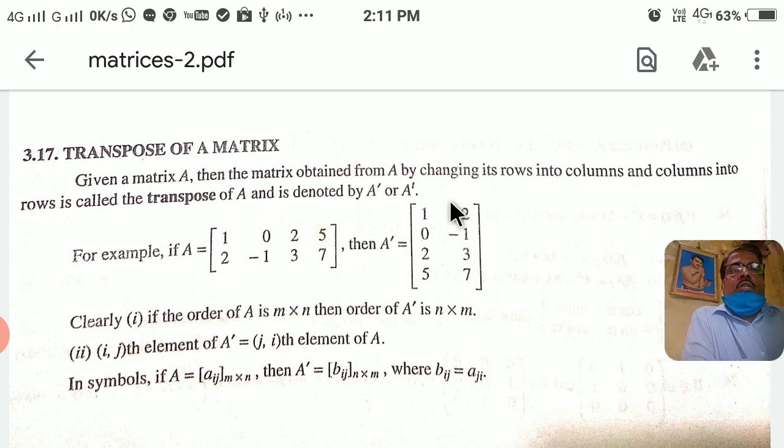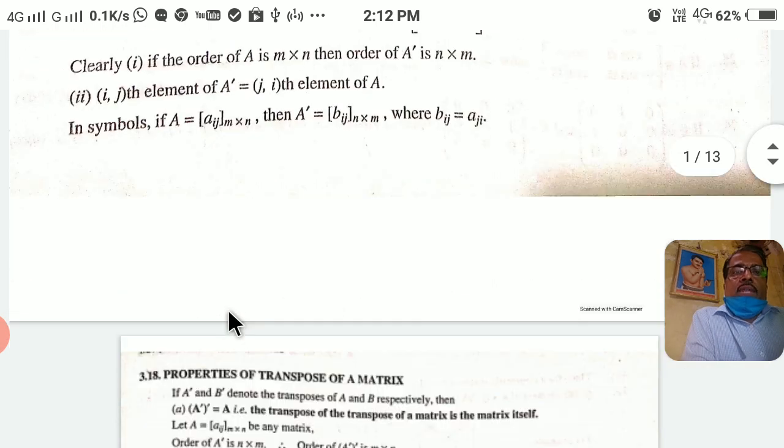Now this is known as the transpose of the matrix A. If A is a matrix of order m cross n, then its transpose is always of order n cross m, because rows become columns. So this is the definition of a transpose of a matrix.